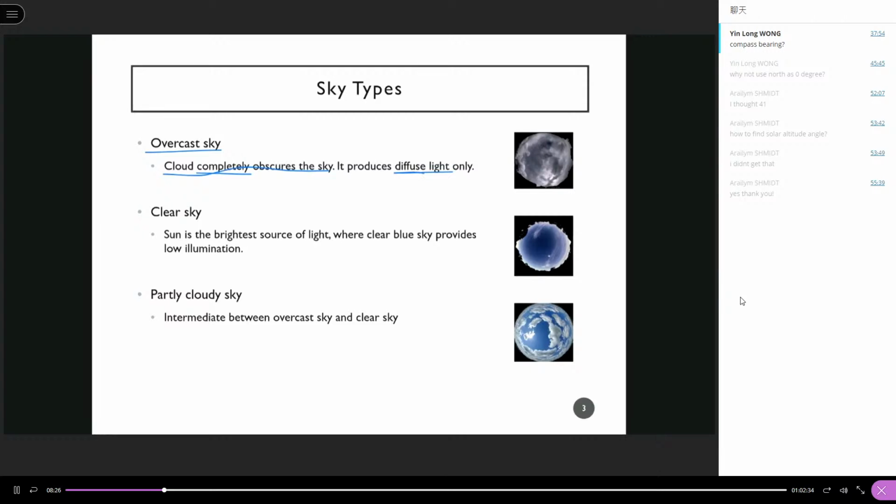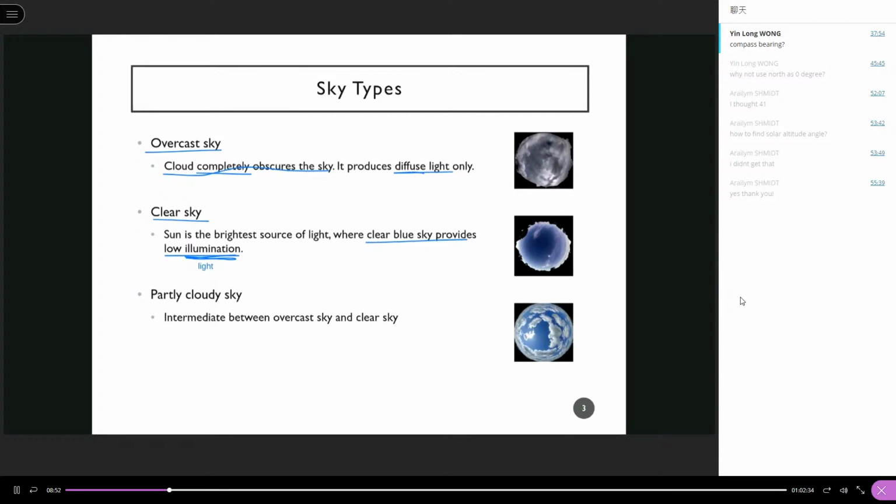And the opposite of overcast sky will be clear sky, and the sun is the brightest source of light. No cloud, just the sun and the blue sky. And the clear blue sky provides low illumination. So this is a new term, illumination, and illumination actually means light.